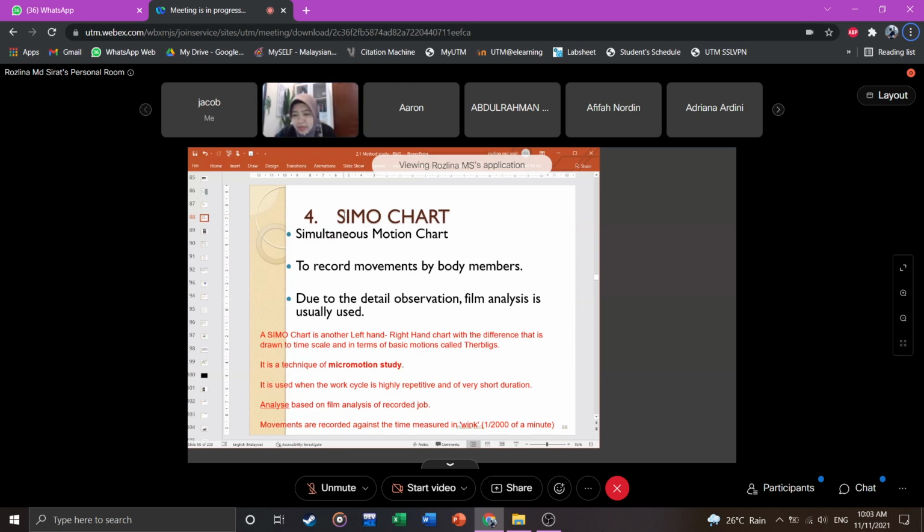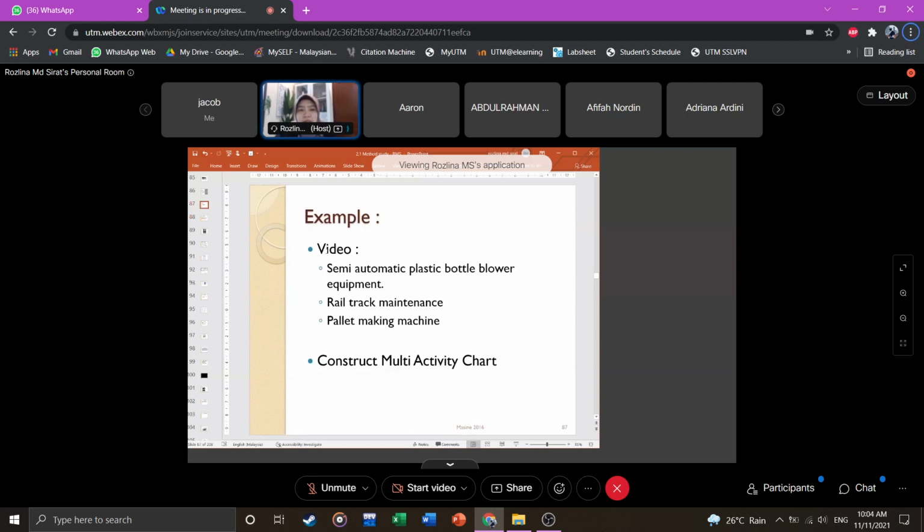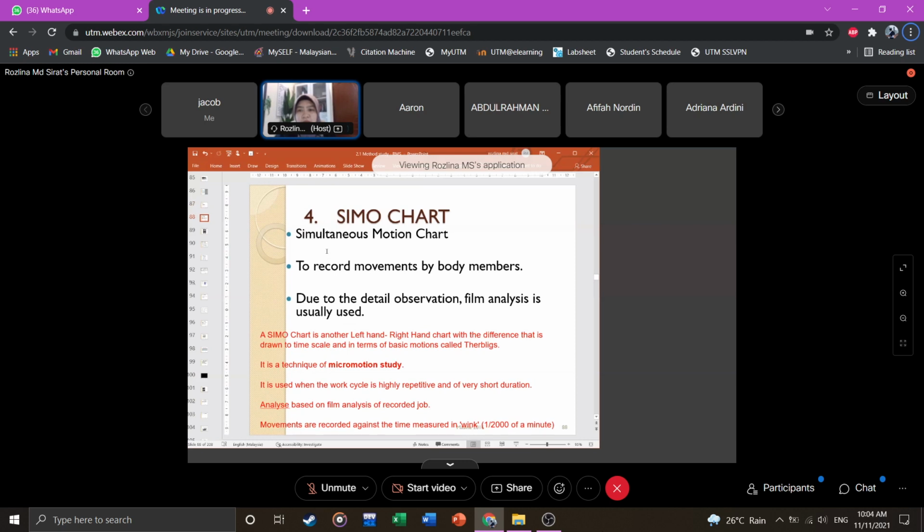And the burger one is what? Multi-activity chart. Okay.